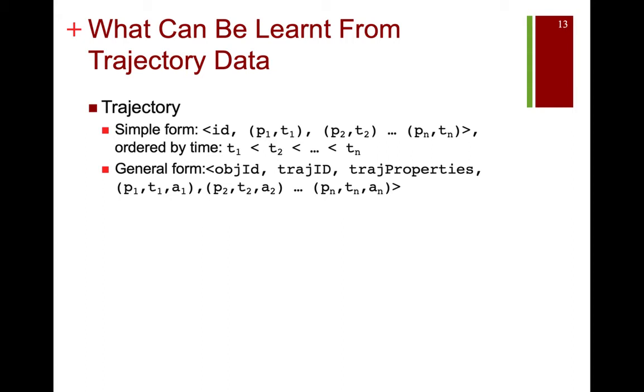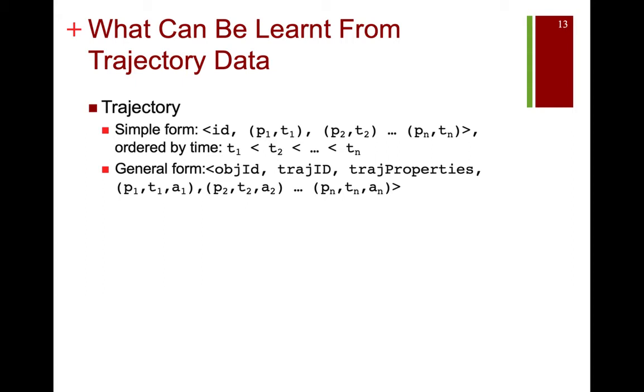We use the trajectory as a typical example of spatial-temporal data. In particular, the simple form of a trajectory usually contains an ID and a sequence of location and timestamp pairs, and this sequence is ordered by time.